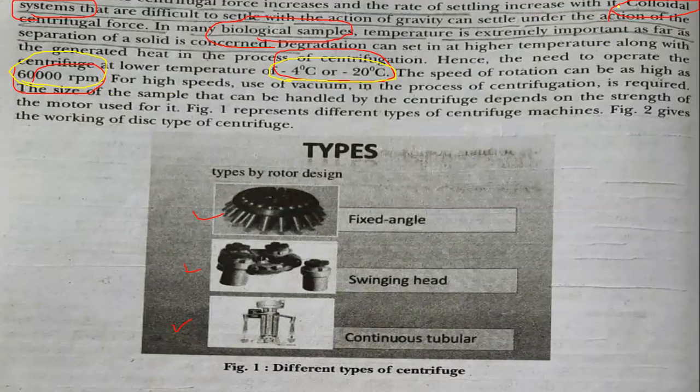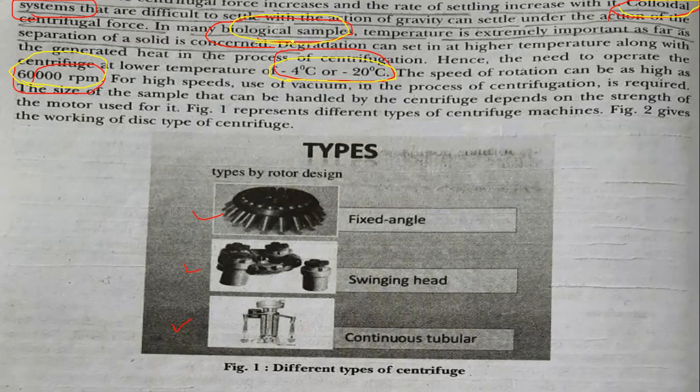So this technique is very useful for the separation of colloidal systems, and it is also used in the separation of biological samples. This is a very common technique, and this type of centrifuge is also available in our biological research lab. Whenever you come to the college, just visit our biology lab.